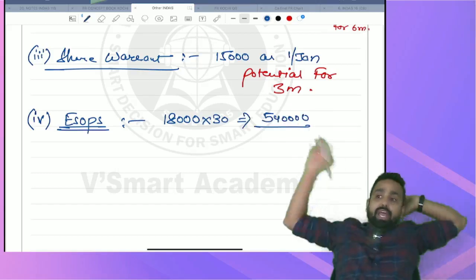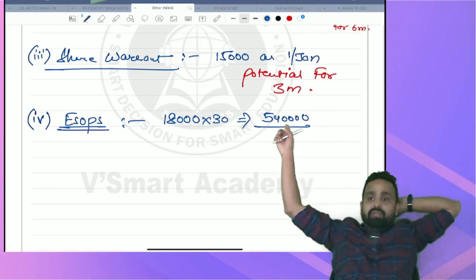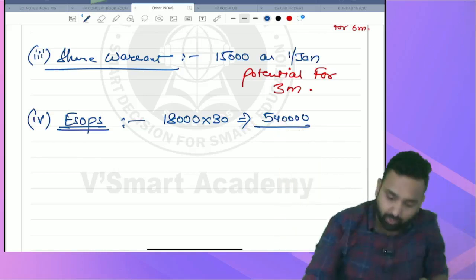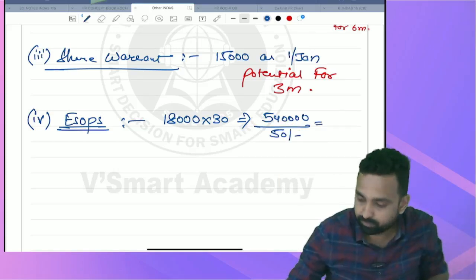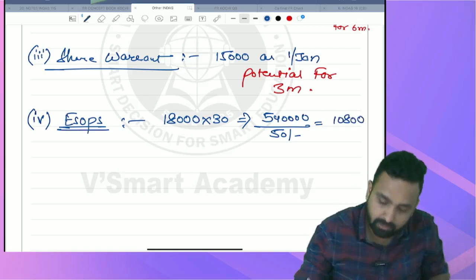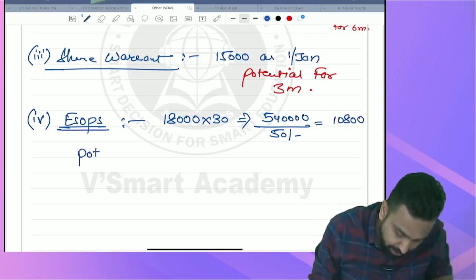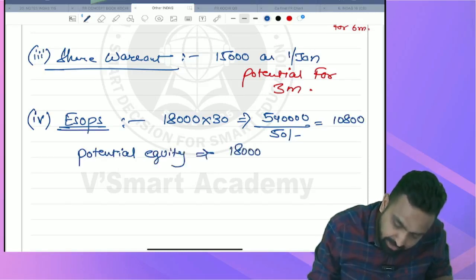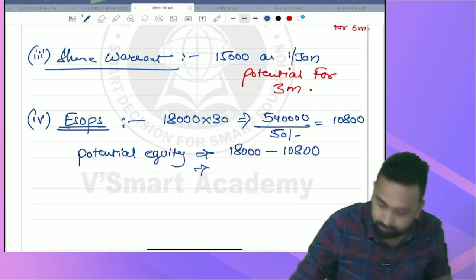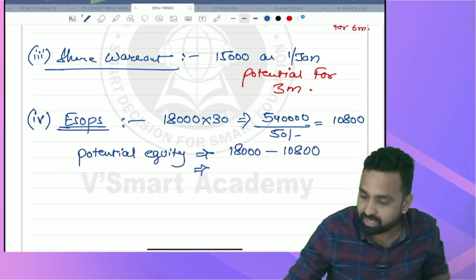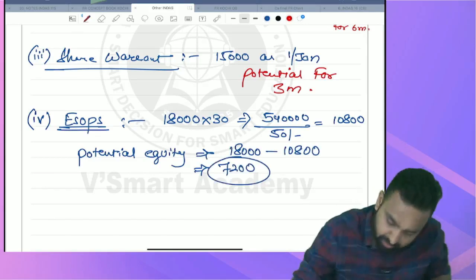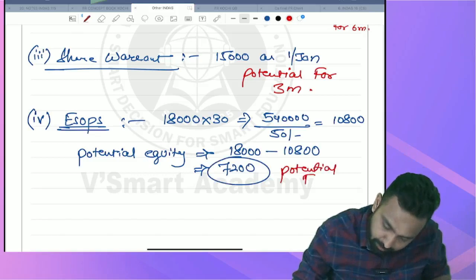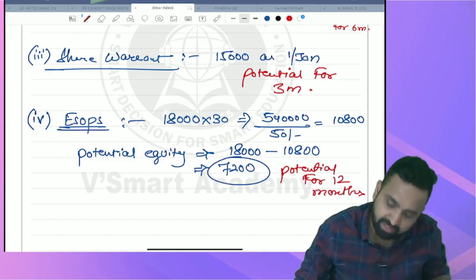If the same funds were raised in the market at 50, the number would be 10,800. So potential equity is 18,000 minus 10,800, which is 7,200. These are potential for 12 months because I haven't given the date.